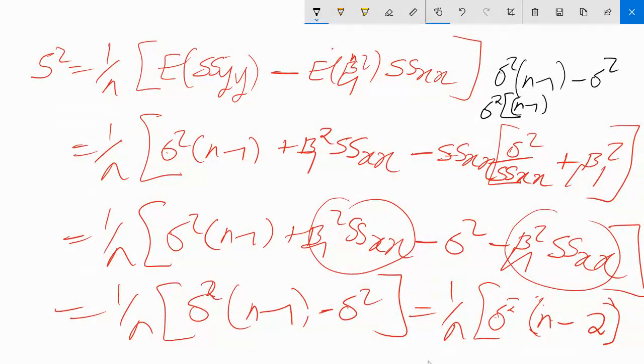Here you took out sigma squared, you are left with minus 1. So you deal with the brackets first, and this will be n minus 1 minus 1. Minus 1 minus 1 is minus 2, and this will give you n minus 2. Are you answered? Okay, I see it. Thank you.